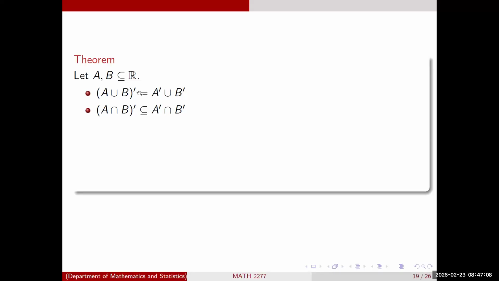So A union B, if you take the set of all limit points, that's equal to A prime union B prime. However, if you're dealing with intersection, you don't get equality over here. The best you could get is a subset. So right away, when you don't see an equal sign, that means there are many counterexamples you could come up with where the left-hand side is not equal to the right-hand side. So try to come up with two sets, A and B, where this left-hand side is not equal to the right-hand side.